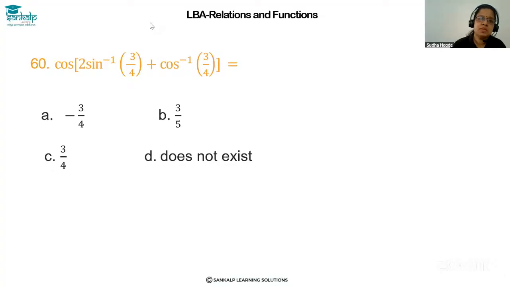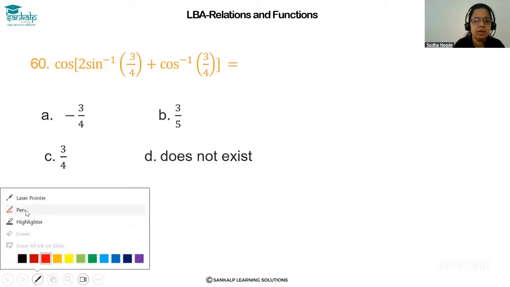Hi students, the question is cos of 2 sin inverse 3 by 4 plus cos inverse 3 by 4 is equal to option A minus 3 by 4, option B 3 by 5, option C 3 by 4, option D does not exist.